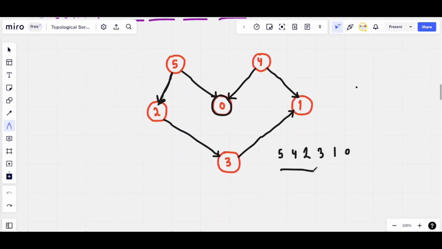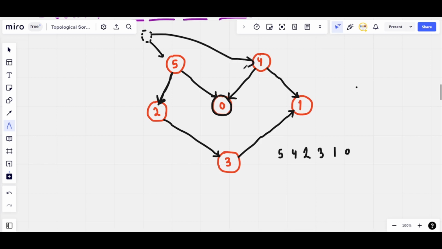Now observe this topological sorting order. At the very beginning of the ordering we have two vertices, 5 and 4. Why are these vertices present at the beginning of the order? Because observe that the in degree for node number 5 and node number 4 is 0. That means there is no preceding node from which we have to come to node number 5 or node number 4.